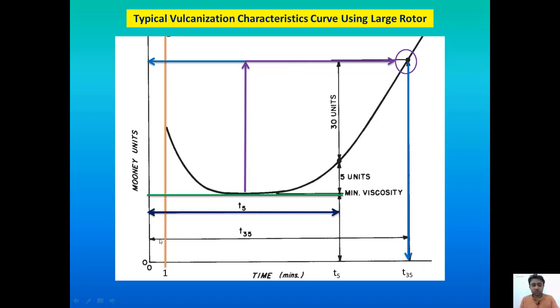So this time is T35, the vulcanization time, complete vulcanization. We call it cure time, and T5 is the scorch time. So these two time values are very important in determining the vulcanization properties of rubber compounds using the Mooney viscometer.